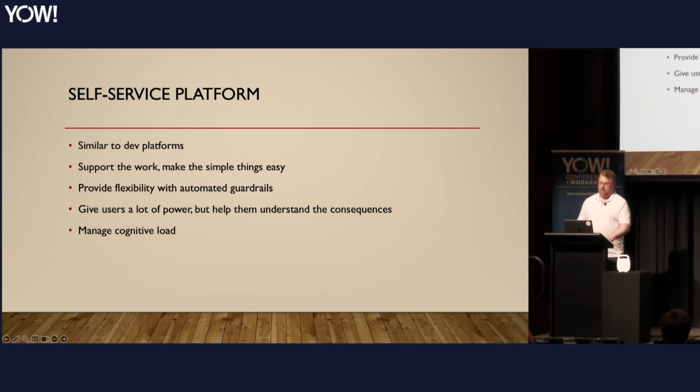The platform is different than data platforms have been to date. Similar to the way that dev platforms have evolved, when we started with the DevOps idea, it was like, awesome, we're in the cloud, every developer can run EC2 commands to spin up their instances and deploy things onto them. And we pretty quickly discovered that the cognitive load of having every dev team doing all of that was high.